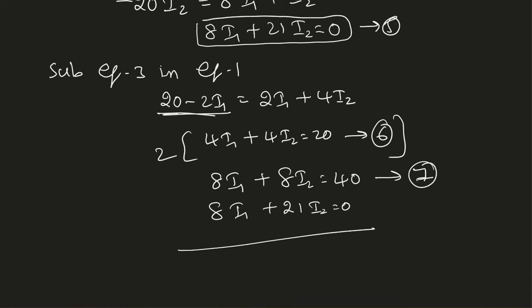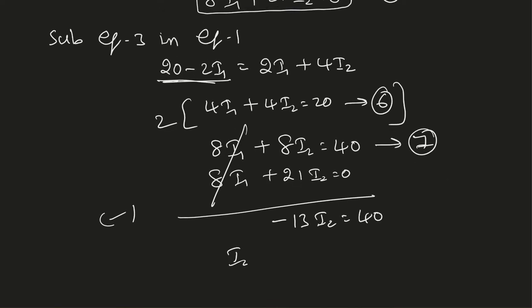Subtracting these two, the 8I1 terms cancel out. It's going to be minus 13I2 equal to 40. If I simplify it, I will end up with I2 equal to 40 over negative 13. So it's a negative current, minus 3.076 ampere.